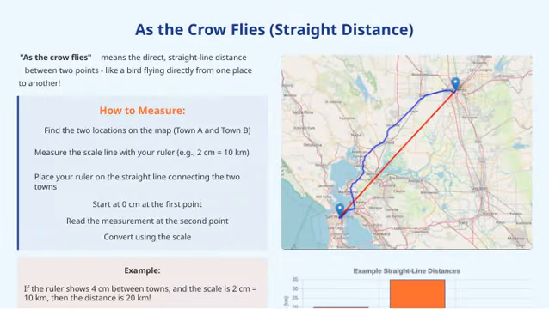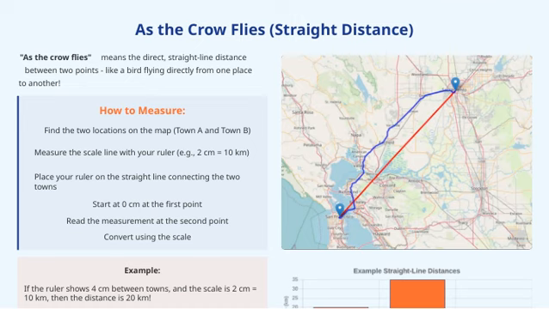All right, let's talk about as the crow flies. This phrase refers to the direct, straight-line distance between 2 points, much like a bird flying directly from one place to another. It's a simple way to think about the shortest distance between two locations. Now, how do we measure this? First, you find the two locations on your map.